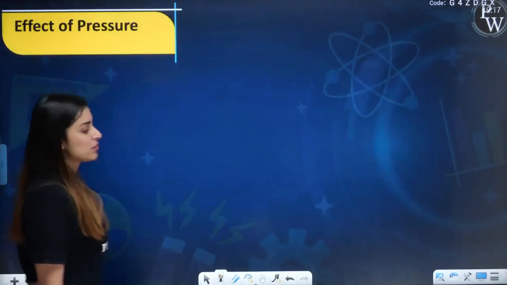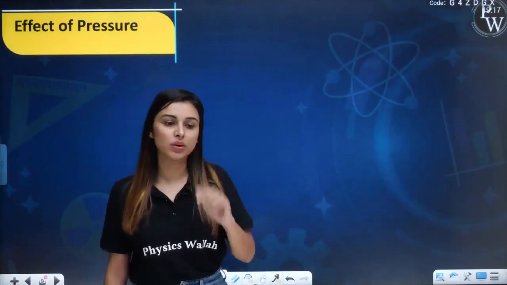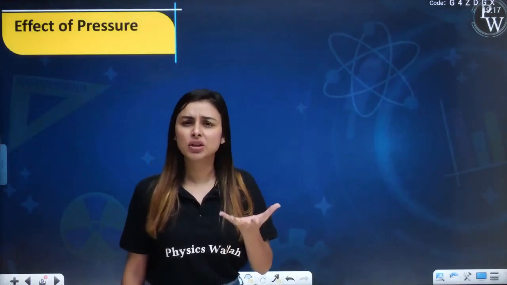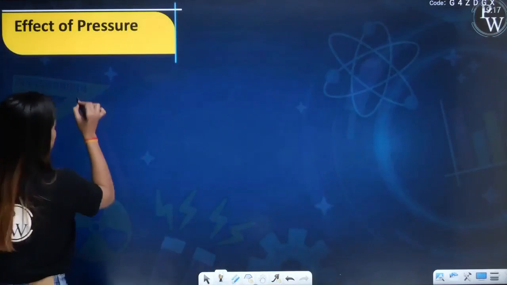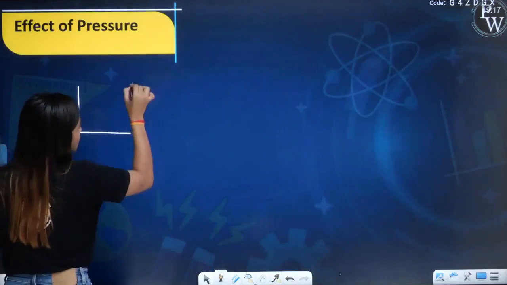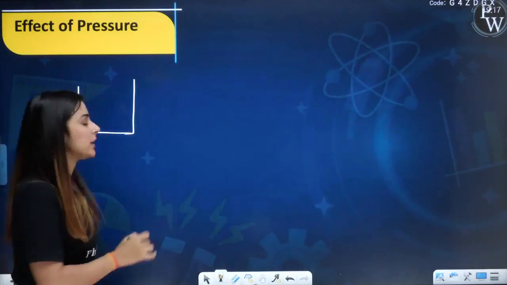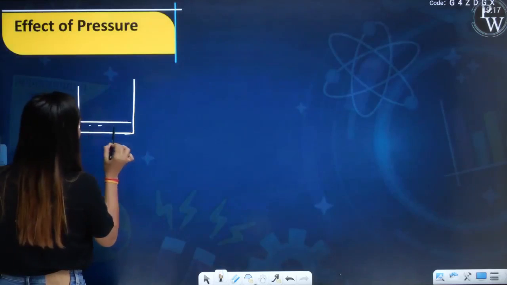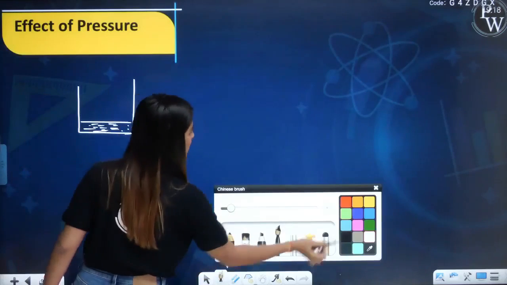So we are going to study the effect of pressure. Now, my dear students, imagine you have a container, and you have some liquid here and some gas here.